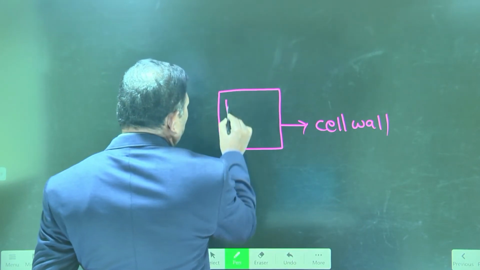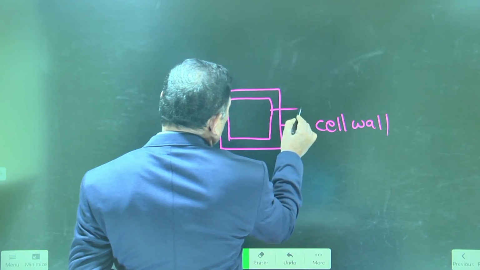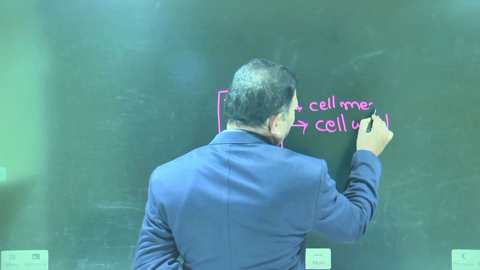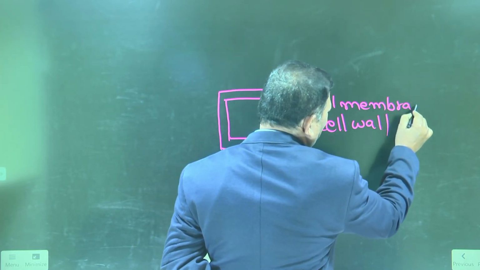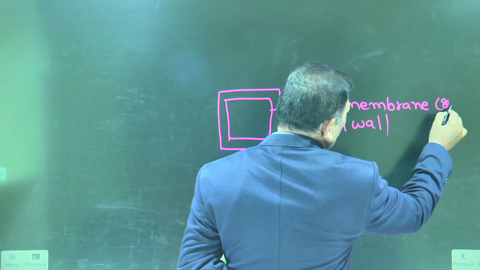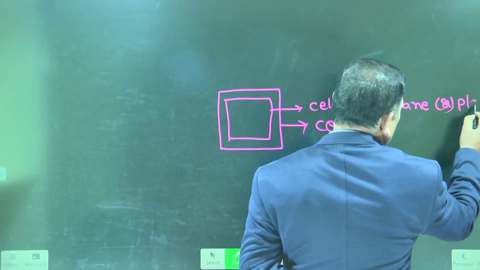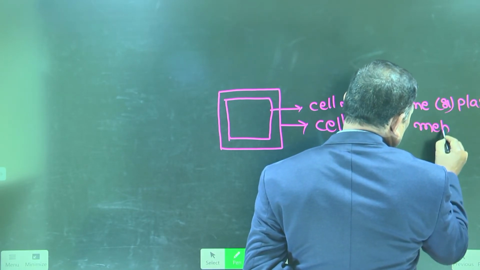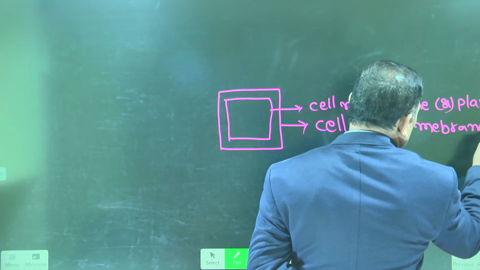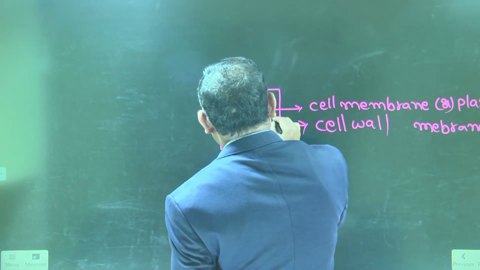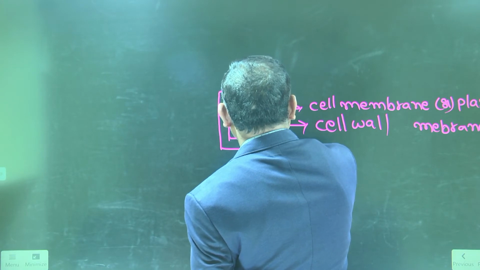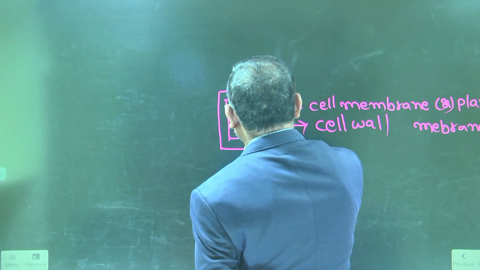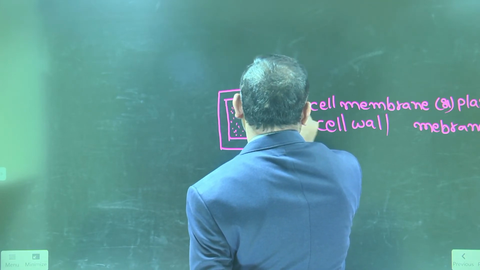In the animal cell, the outermost layer is called the cell membrane or plasma membrane. Inside the cell membrane, a semi-solid liquid is present. That semi-solid liquid is nothing but cytoplasm.